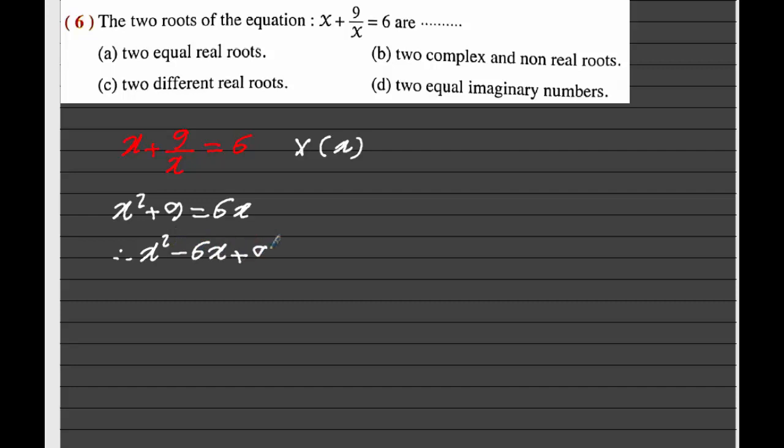plus 9 equals 0. Now A equals 1, it is the coefficient of x squared, and B equals negative 6, and C equals 9.